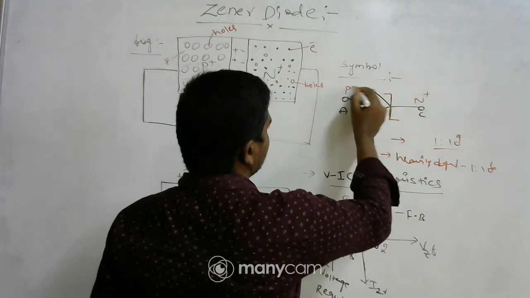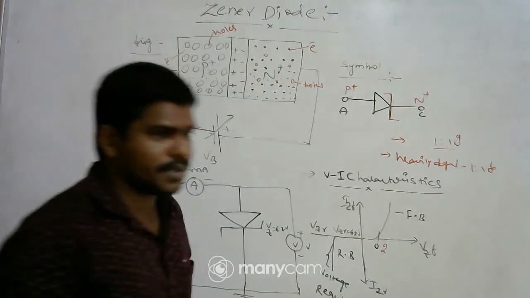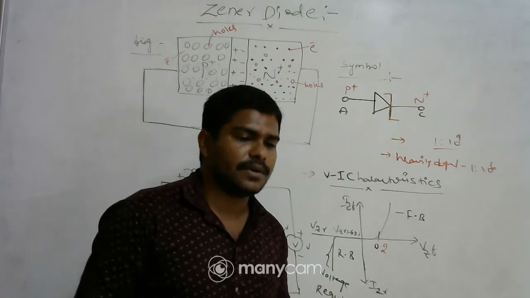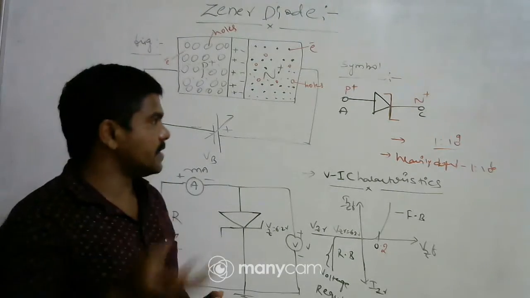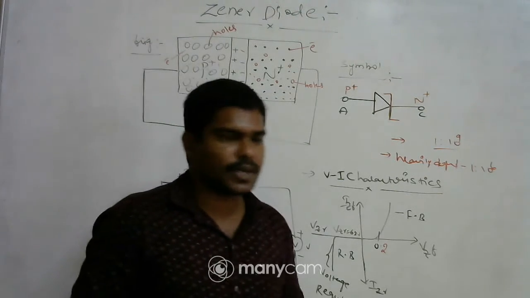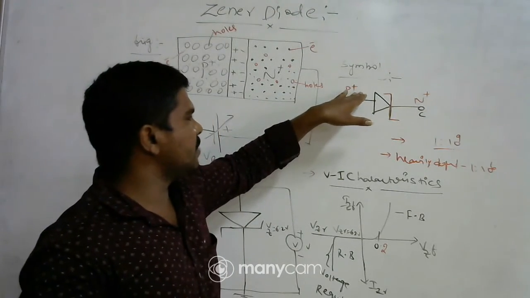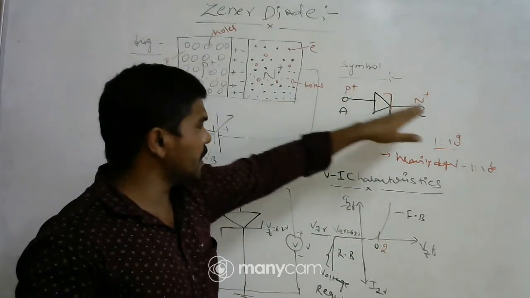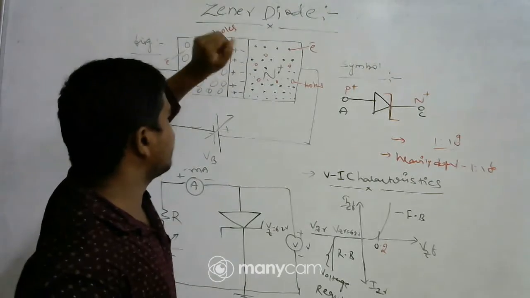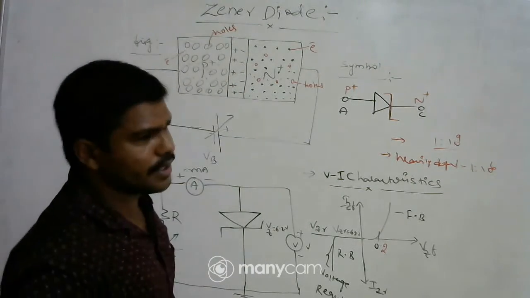We represent them as P plus and N plus. P plus means the device is heavily doped; normally P means a lightly doped device. So the P region and N region are highly doped regions.